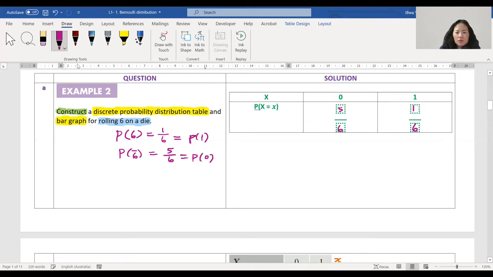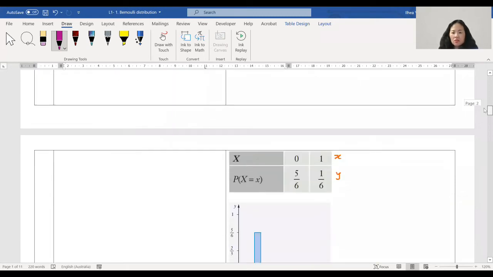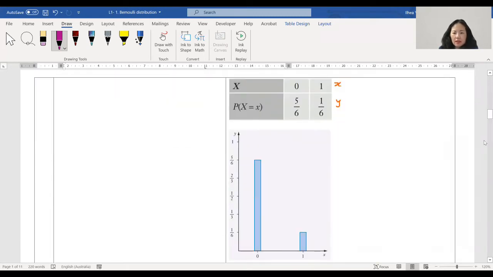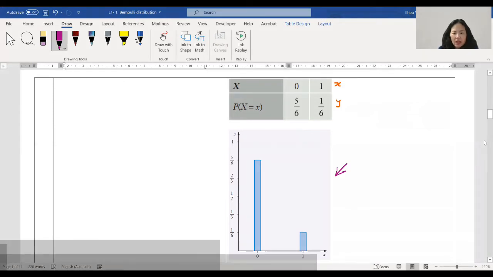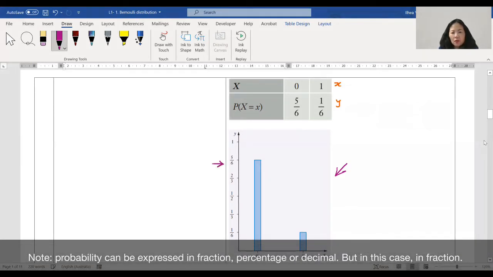But we are now doing the probability, and if we construct the histogram, this is what we're going to get. With the table, the top values are the x values, and the bottom ones are the y values, which are the probabilities, the fraction part. Just be careful with the scale of the y values. It's going to be a fraction because it's a probability.